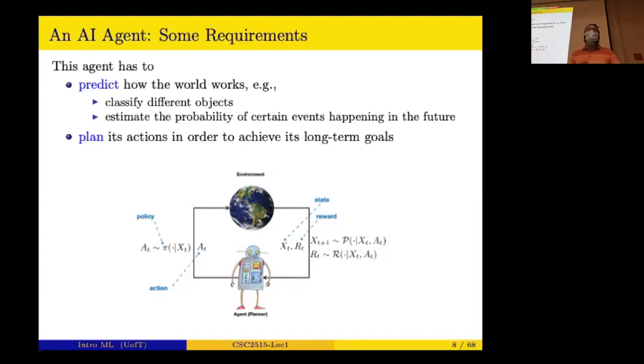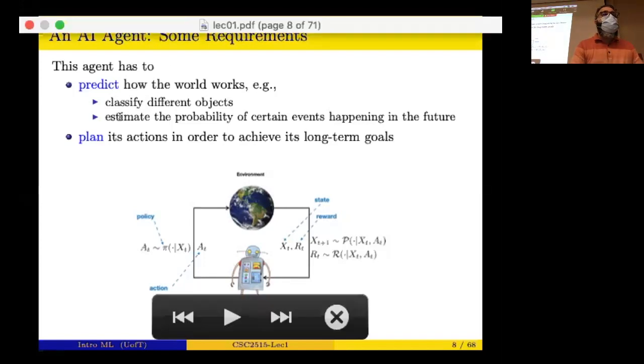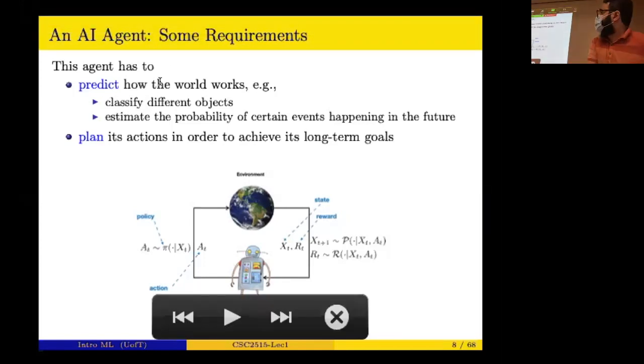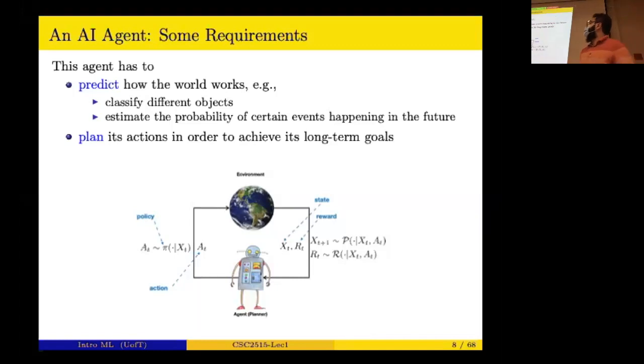So if we want to make such an agent, this agent needs to have some capabilities. What are the capabilities? One of them is that it needs to be able to predict how the world works.